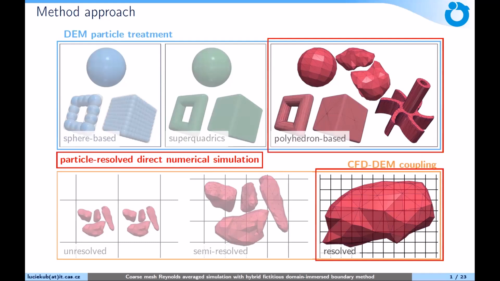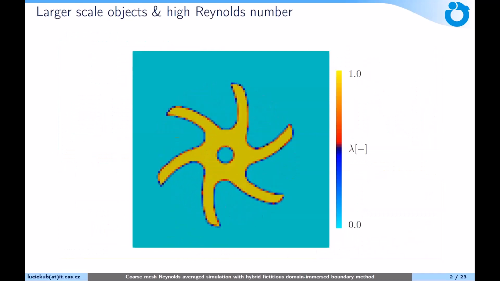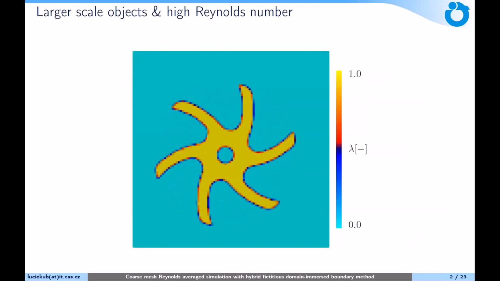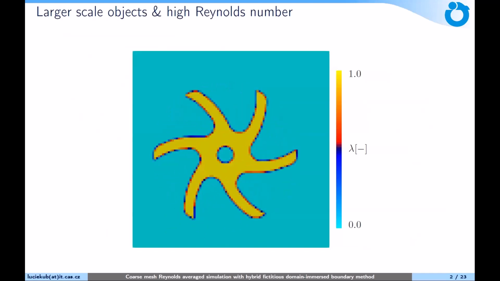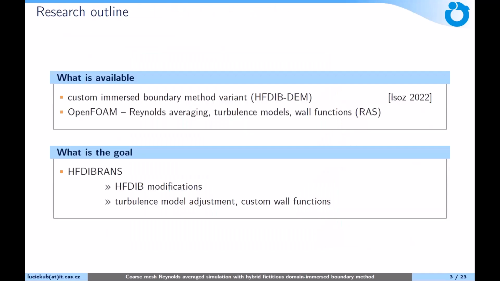And the direct numerical simulation part is the problem, because we would like to use our code also for simulations of large objects like propellers and so on. And that's the reason why we want to use some turbulence modeling that is cheaper to simulate. So what we had available, we started with our custom immersed boundary method that is able to do the simulations with moving particles, and it is implemented in OpenFOAM.